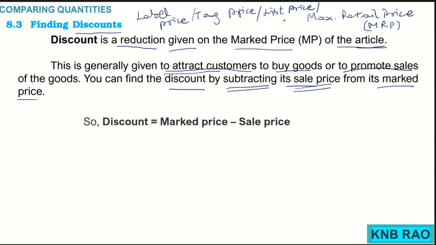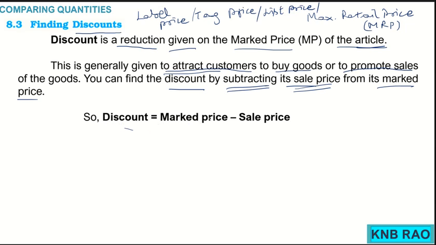So, I can say discount is market price minus sales price, and definitely sales price will be here. We can create so many formulae from this. Sales price is market price minus discount.